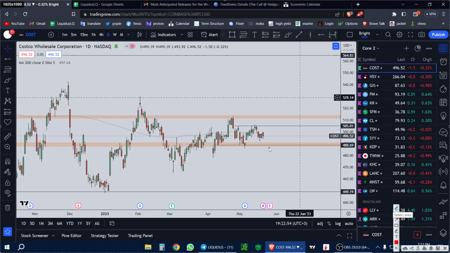So we do expect the risk with this name, based on sector, is to the downside. Based on earnings, is to the upside. So with Costco, we don't have a bullish bias or a bearish bias. You look at the beta, neutral to positive. This negates the sector, bearish to neutral to negative.